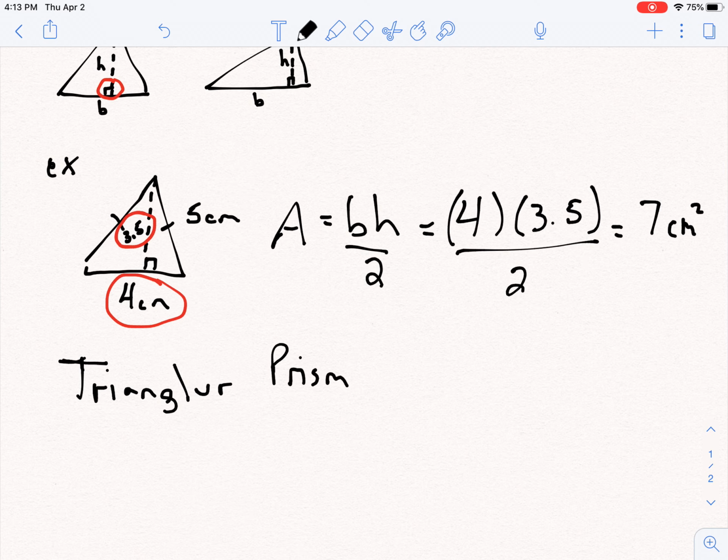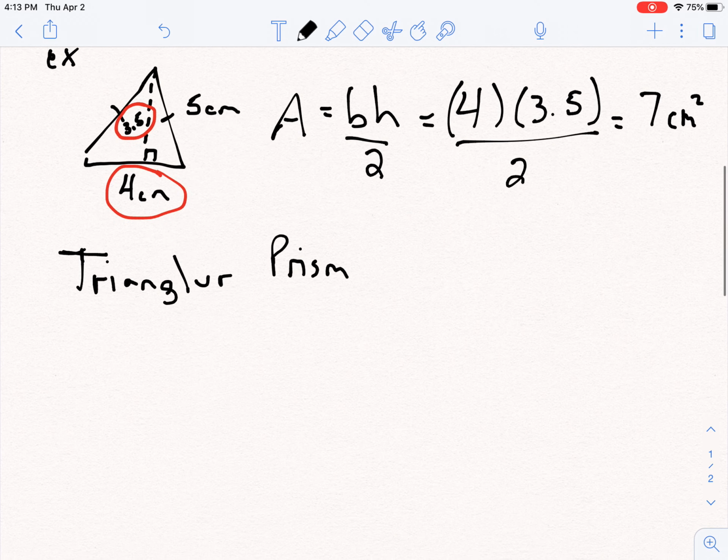It's going to be made up of triangles and rectangles. So anytime I draw a triangular prism, let's draw one like this, you guys would know that this is a triangular prism because it has a triangle on both the front and the back. So the triangle here and a triangle on the back, and it has rectangles connecting it.